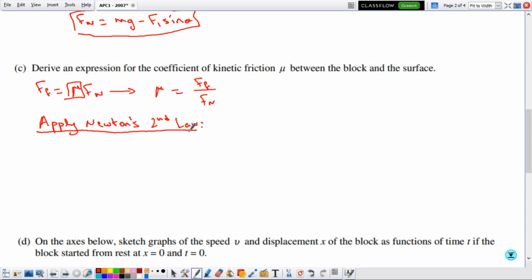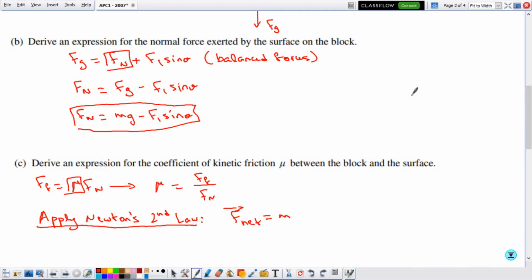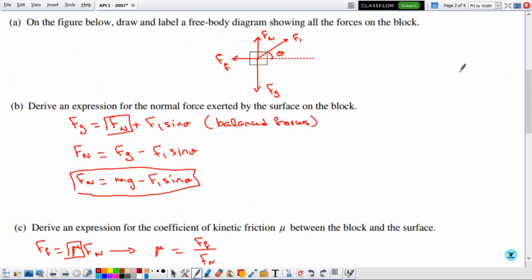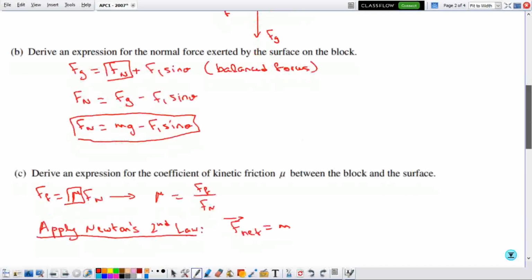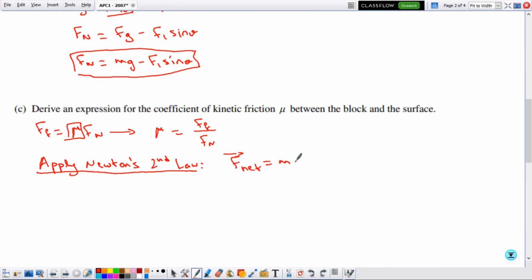And what does Newton's second law say? It states that the net force is equal to the inertial mass, denoted by m, which is basically the mass of the block, multiplied by the acceleration, which is denoted by a1.